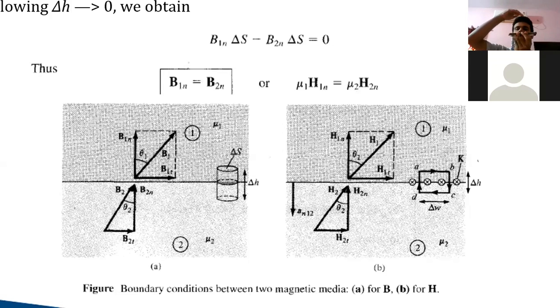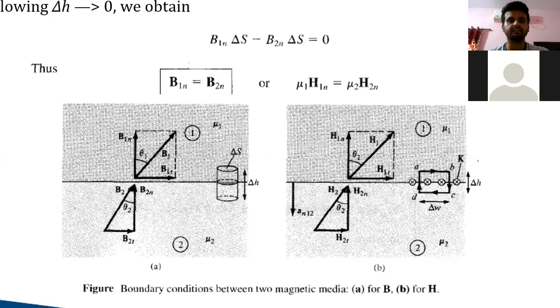Above it, I have one magnetic field B1, below it, I have magnetic field B2. The region above the boundary has a permeability of mu1, and below this boundary the region has a permeability of mu2.